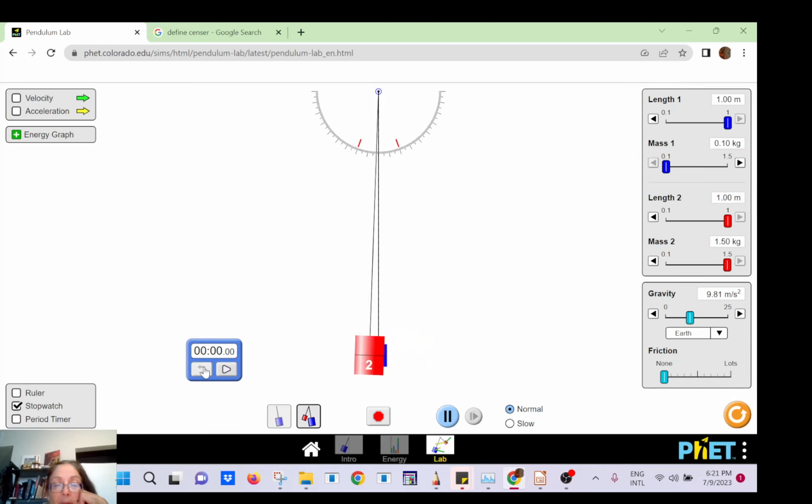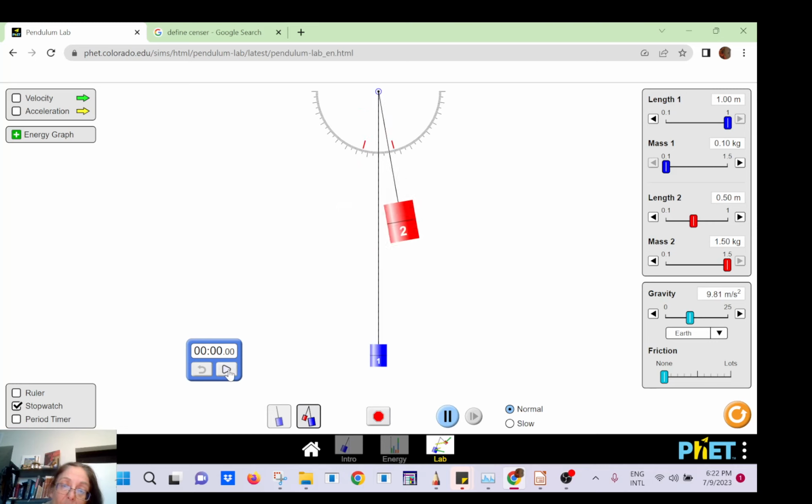Let's see what's going to happen now if I decrease the length. So it's the red one now. I want to have a small length. What's going to happen? Keep the amplitude the same. Maybe I was here. You see? It's going to swing faster, right?